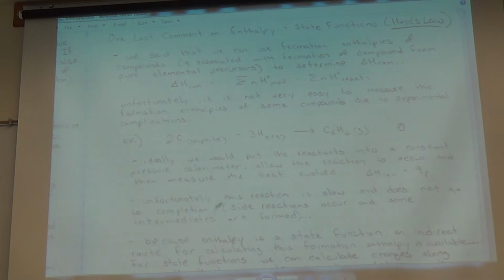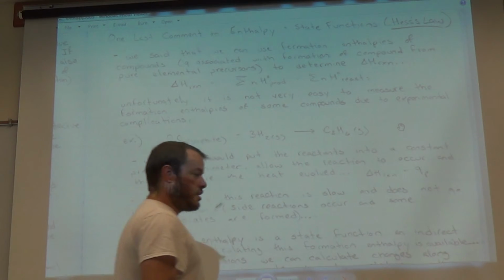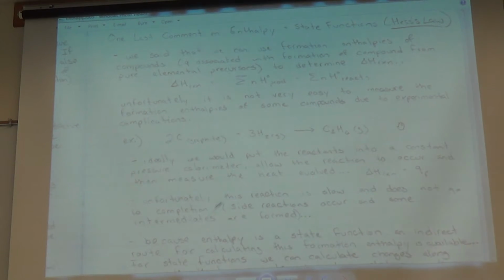The reaction probably didn't go to completion. And so the question becomes, how can we calculate formation enthalpies by using the fact that enthalpy is a state function and using known enthalpies of reactions that do go to completion? And this is what I'm going to try to illustrate next.